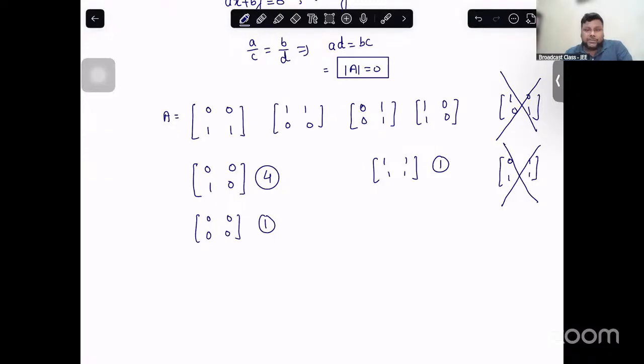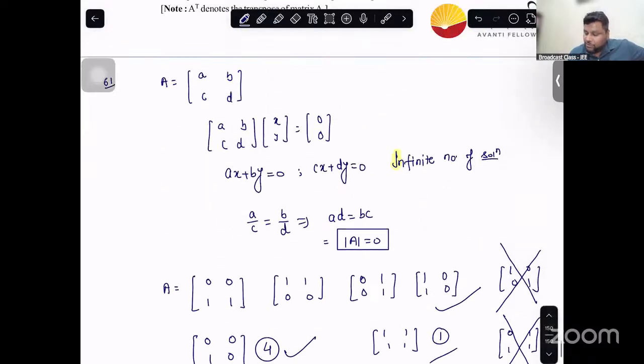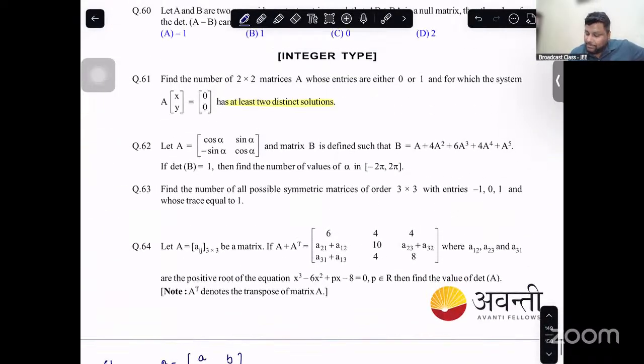So what is the answer going to be? 4, 4 here, 8, 1, 9 and 1, 10. So there will be total 10 such kind of matrices A. Am I correct? Did you understand everybody? Tell me, am I correct?